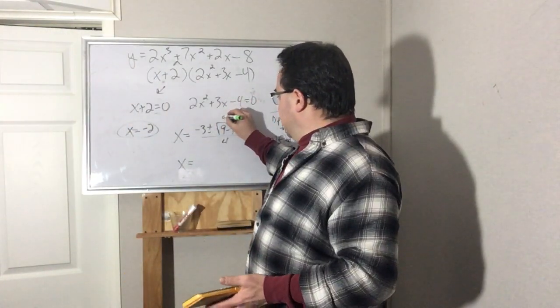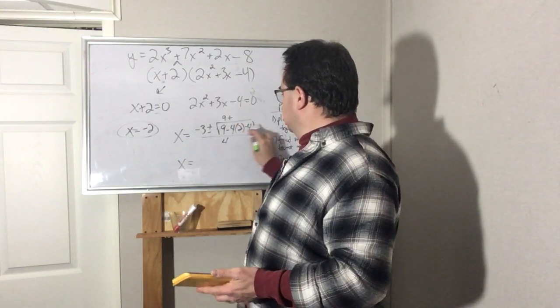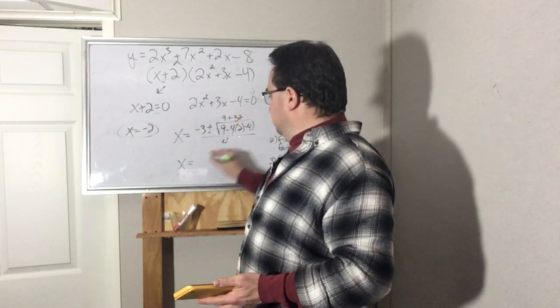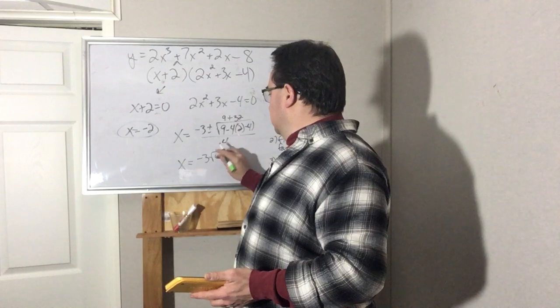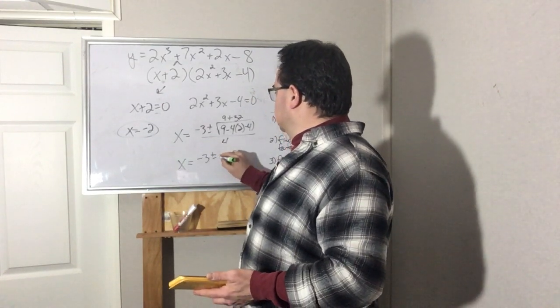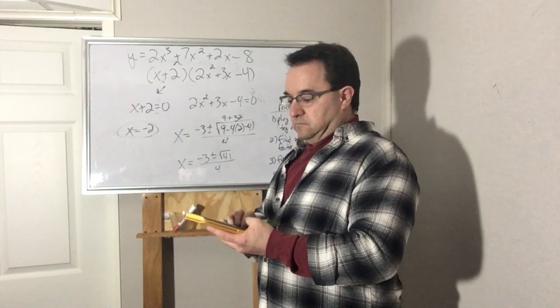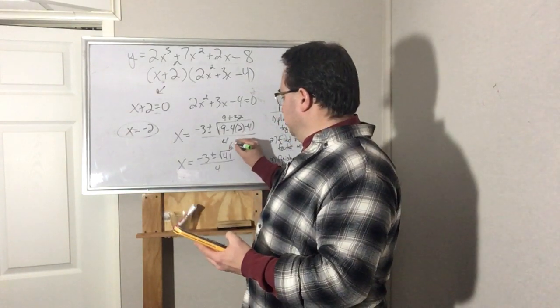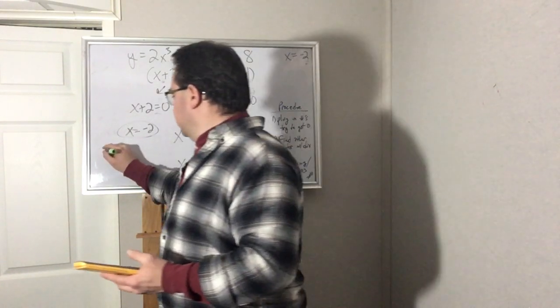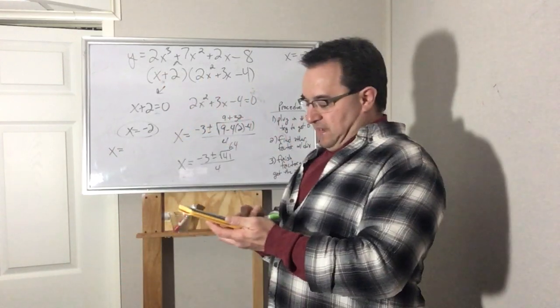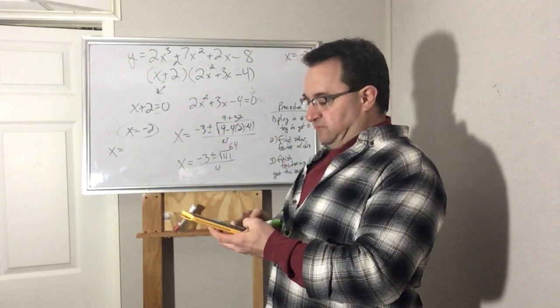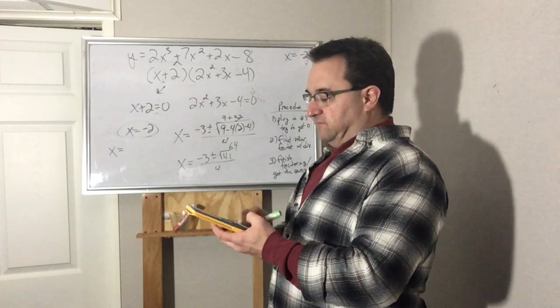So this is 9 plus 32, plus or minus root 41 over 4. This is 6.4. So I'm going to get x equals minus 3 plus 6.4 divided by 4.